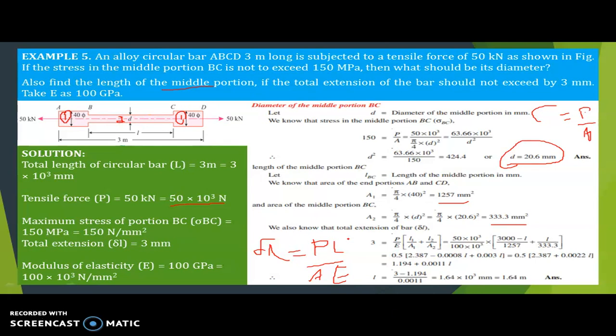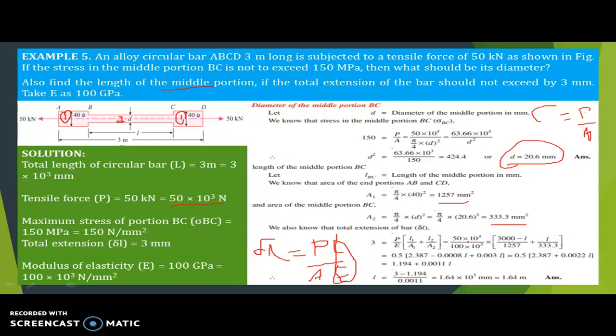So deformation is equal to delta L1 plus delta L2. Delta L1 is P1 L1 divided by A1 E1 plus P2 L2 divided by A2 into E2. P and E are common here because P is given and E is also the same, so you keep it outside. Then what remains inside is L1 divided by A1 plus L2 divided by A2. This is the portion that you have to write here.